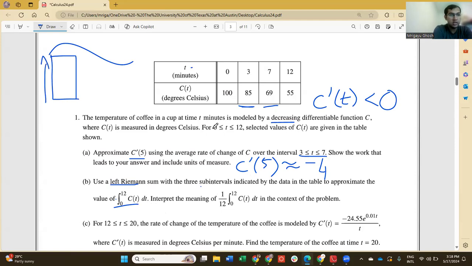So this height times this, then this height here times this, and then this height times this. So these are my left endpoints. That means I'm going to choose C of T star, where T star is the height of that left endpoint, and then times that interval. So that means I'm going to choose 100, 85, and 69, right?